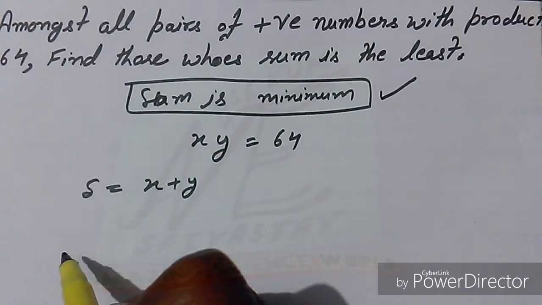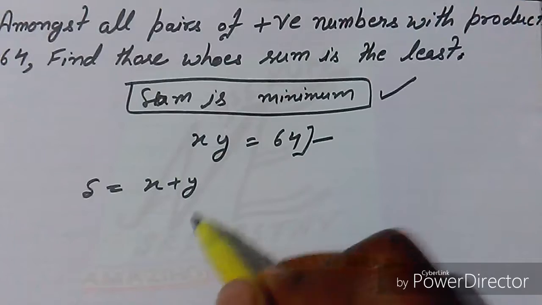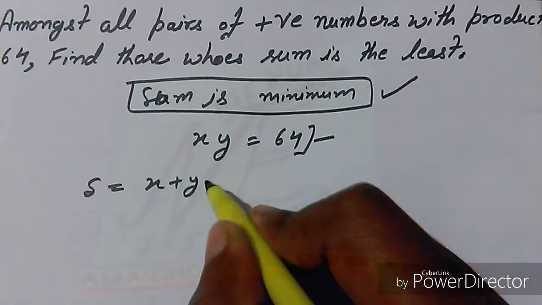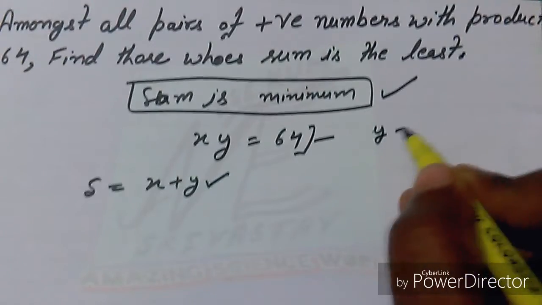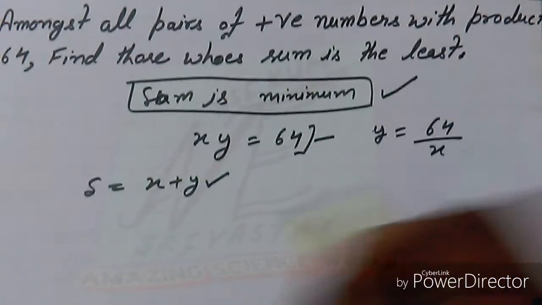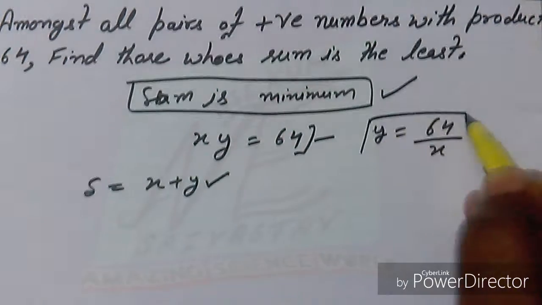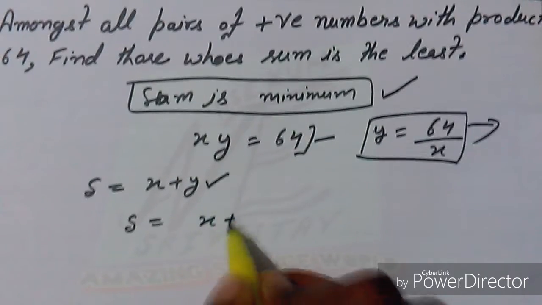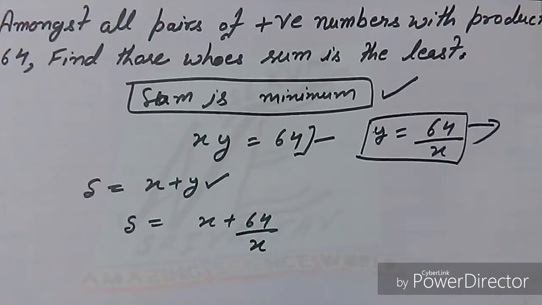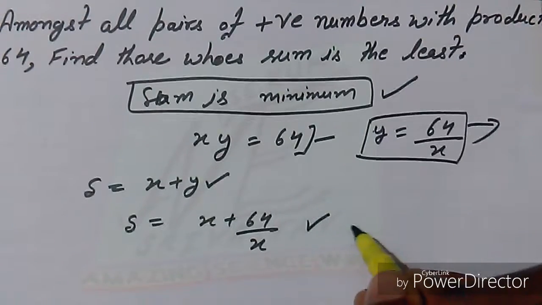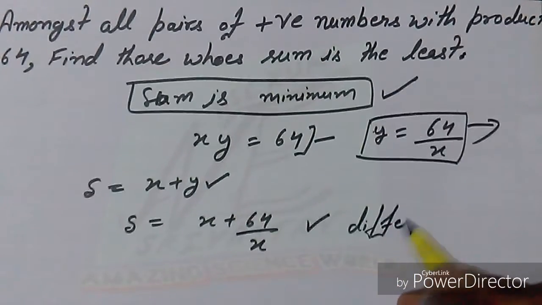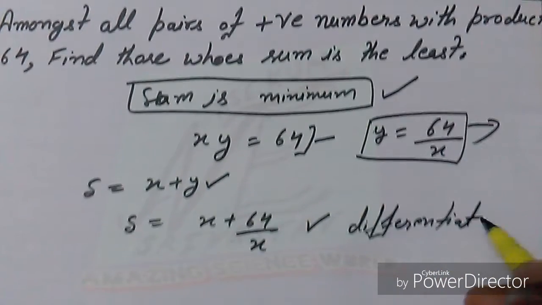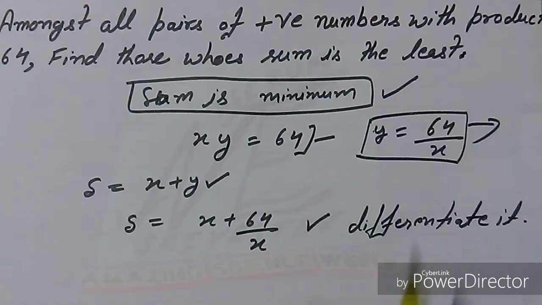Now from this equation we take the value of y, then y is equal to 64 by x, okay my friends. We put that in the sum equation, so the sum is x plus 64 by x, and now we differentiate it with respect to x.